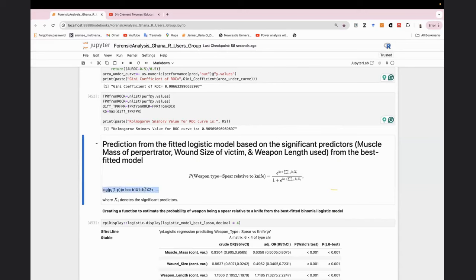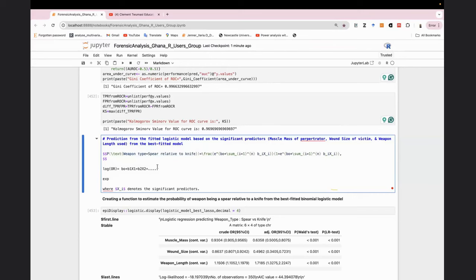That's why when you fit the logistic, the coefficients are called the log odds. And remember that this p over 1 minus p is called the odds ratio. So this is the same thing as the log of the odds ratio. That is why if I want to get the odds ratio, I just have to take the exponent of both sides. And in that case, the odds ratio is equal to the exponent of what is here.